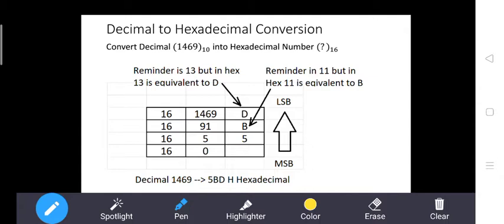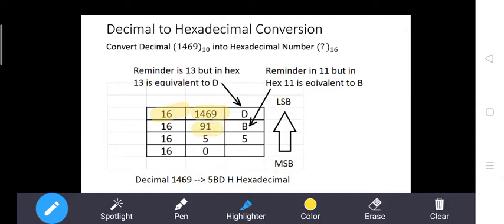Here we want to convert this decimal number to hexadecimal, so we divide this decimal number by 16. So I take 1469, divided by 16. My answer will be 91.